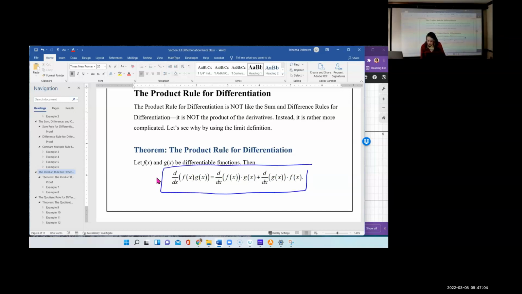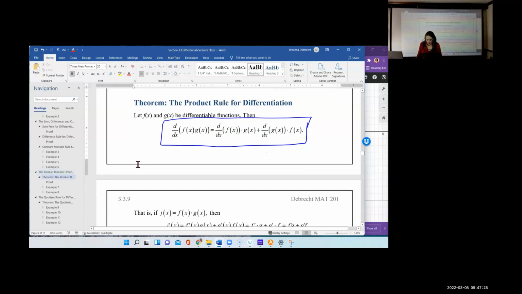So the rule is rather complicated, all right? To take the derivative of a product, and a product means they're multiplied together, it ends up being the derivative of the first term times the second term unchanged, plus the derivative of the second term times the first term unchanged.